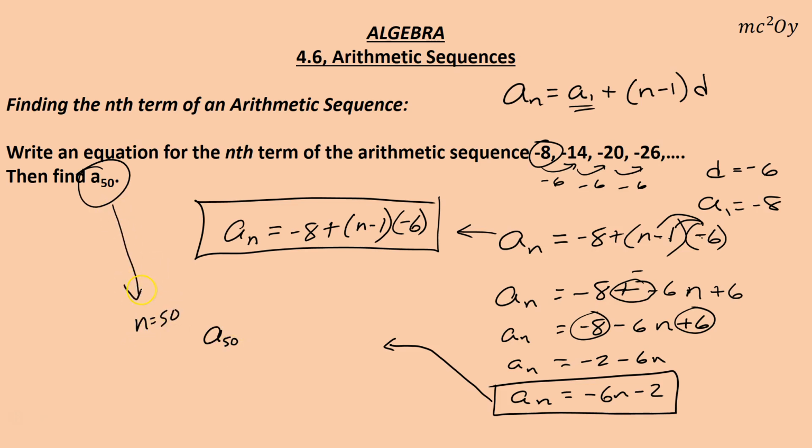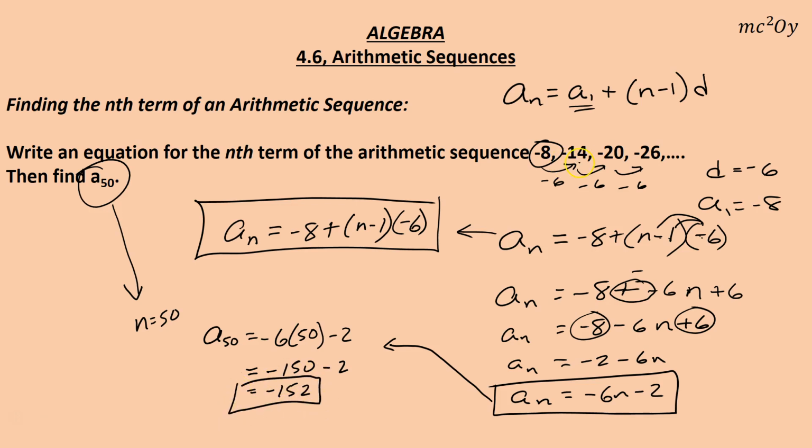That's what a sub 50 means. Okay, so rather than having a sub n, I have a sub 50 equals -6 times 50 minus 2, which is -150 minus 2, or -152. That is a sub 50.